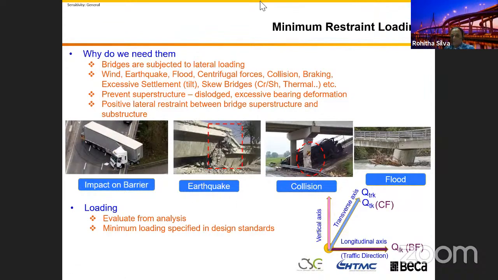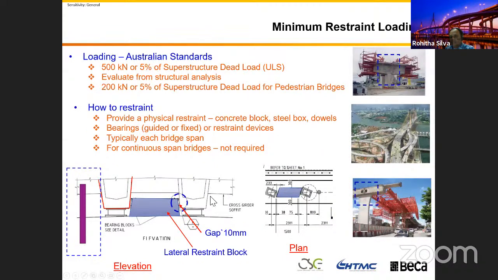So now, to make sure that because of this lateral loading the bridge superstructure is not dislodged or does not have a significant transverse movement, we provide what we call the lateral restraint system.